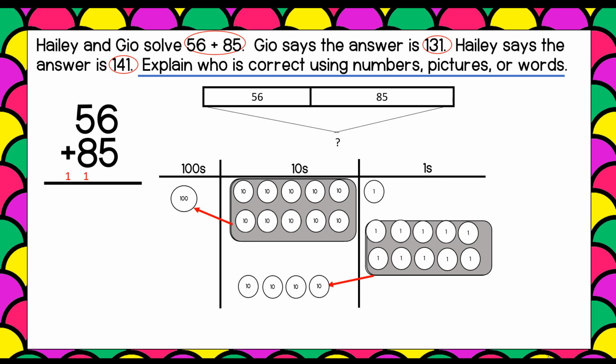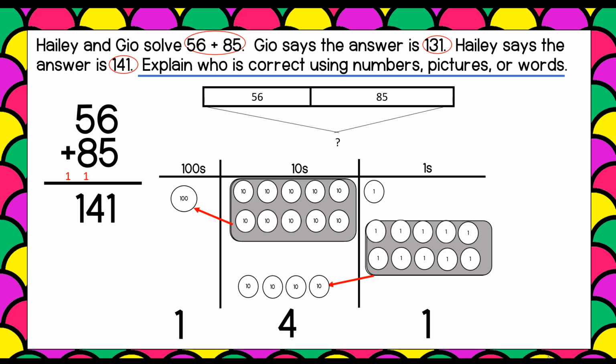Okay, now we have 100 disc. We have 4 tens discs. And we have 1 ones disc. That means we have 100, we have 4 tens, which is 40, and 1 one.